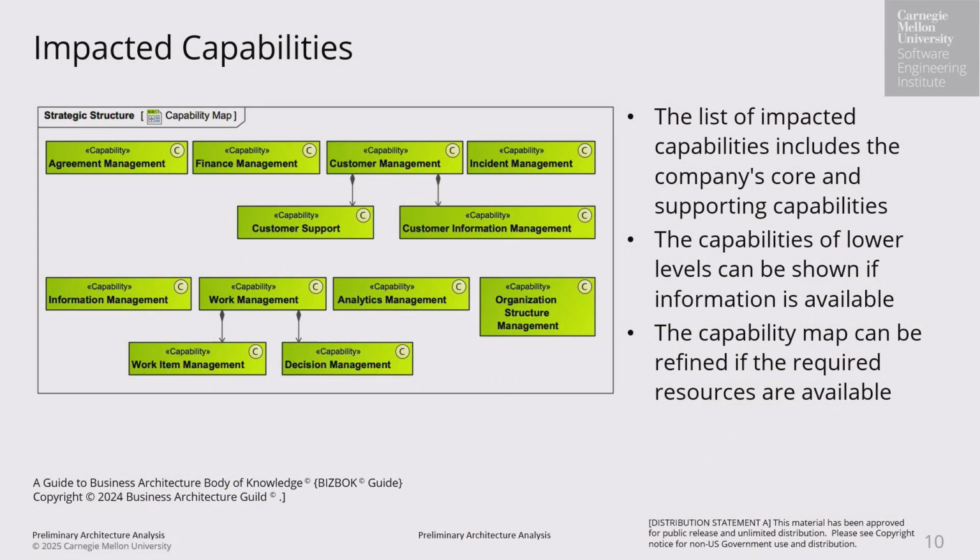In this preliminary analysis, you look at your organization's capabilities that will be impacted by the proposed initiative. And you could see several capabilities that might be at the core, like agreement management, customer management for this type of company. Some supporting capabilities. And I made a reference here: this capability model was partially borrowed from the BizBook that the Guild of Business Architects publishes.